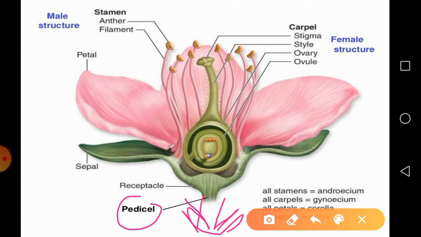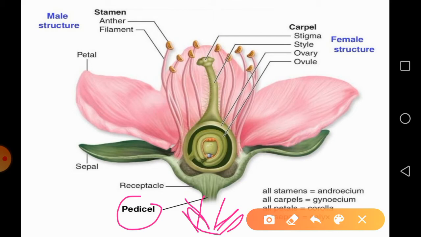or hypsophyll. Then through this hypsophyll we are having a stalk-like structure. Or it is the stalk of the flower, sometimes it may be short, long, or even sometimes absent. So that is called a pedicel.